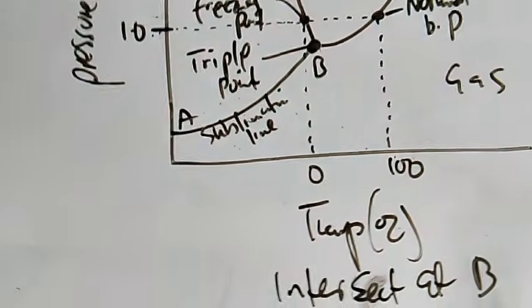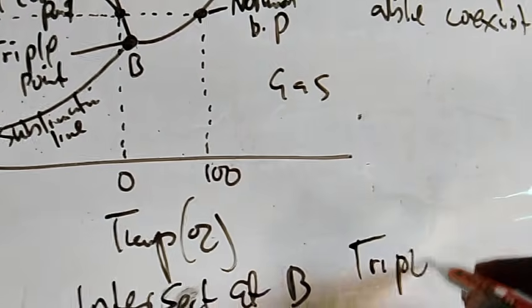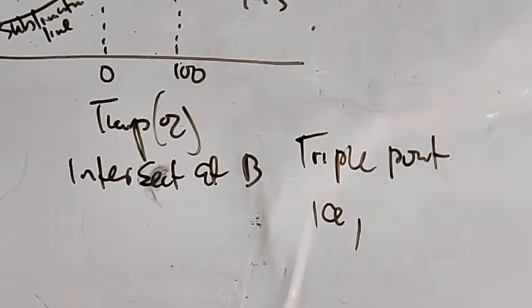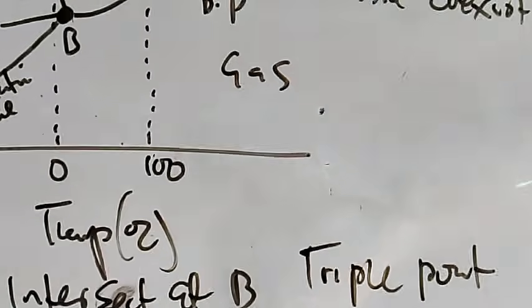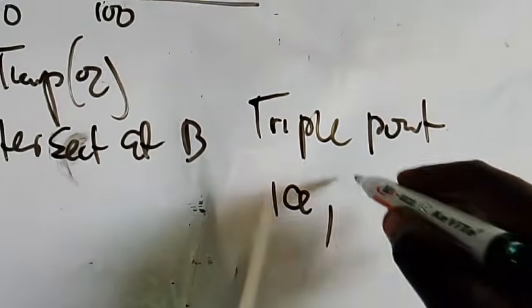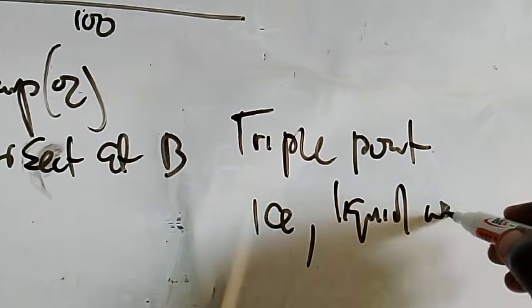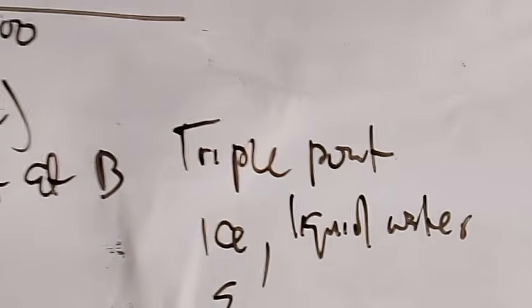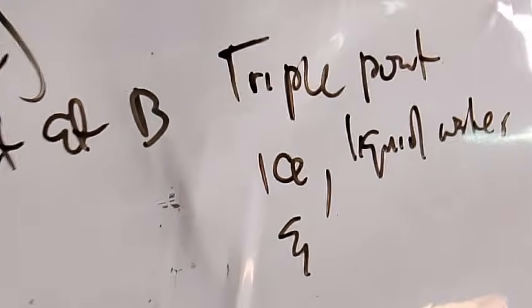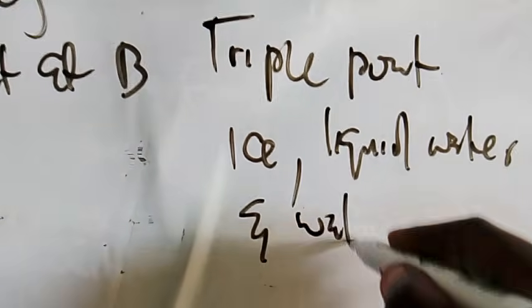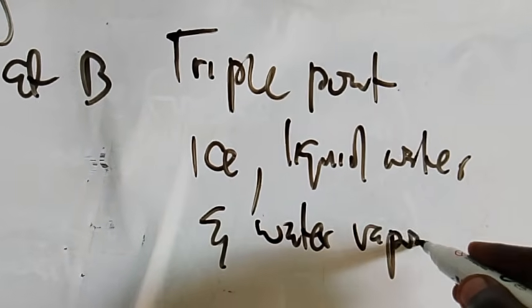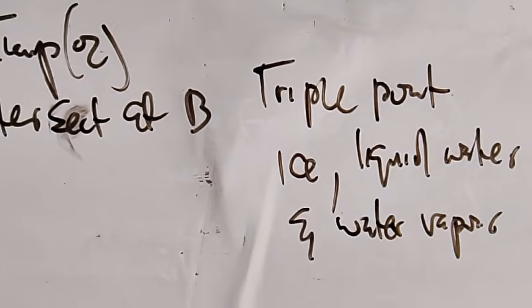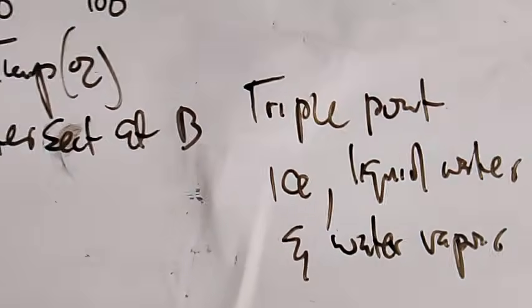Okay, so at the triple point, ice, liquid water, and water vapor coexist in equilibrium.